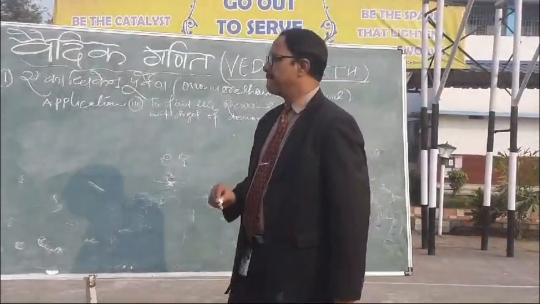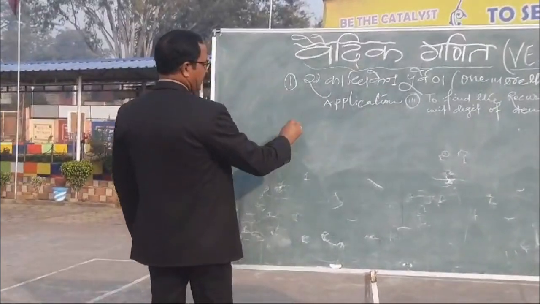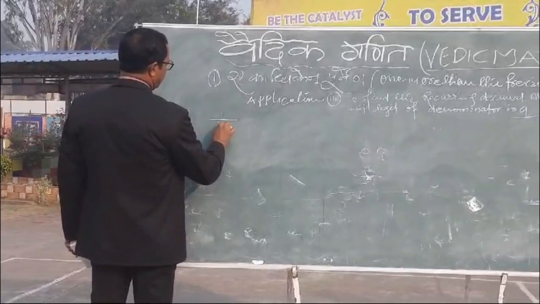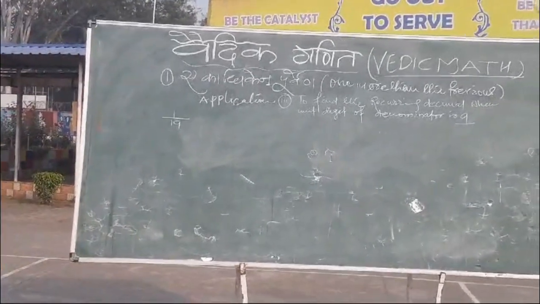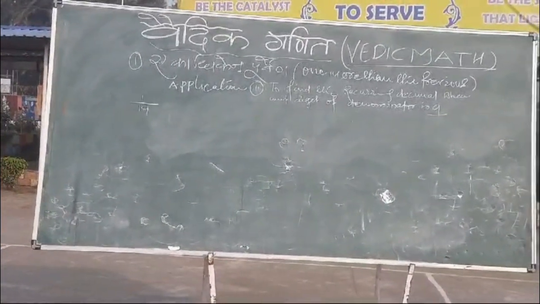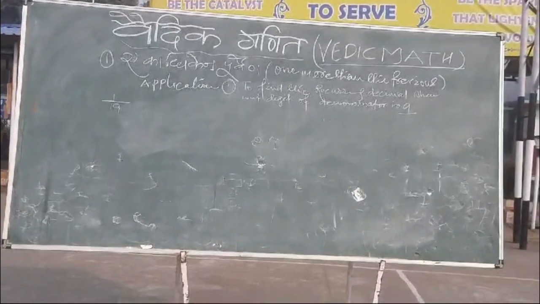Let's see. Suppose you are to find the recurring decimal of 1 divided by 19. If you go for general calculation, it will be time taking. It will take too much time.